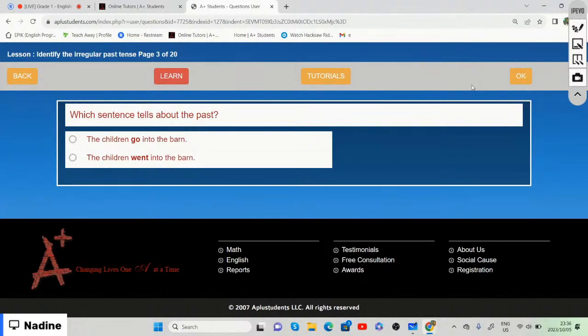So we need to say what sentence tells us about the past. "The children go into the barn," or "The children went into the barn." Which sentence tells us about the past? Go or went?